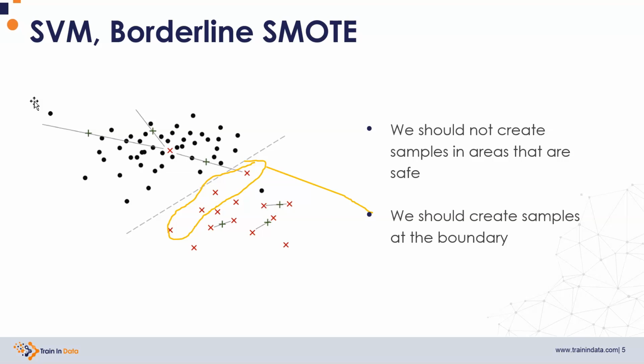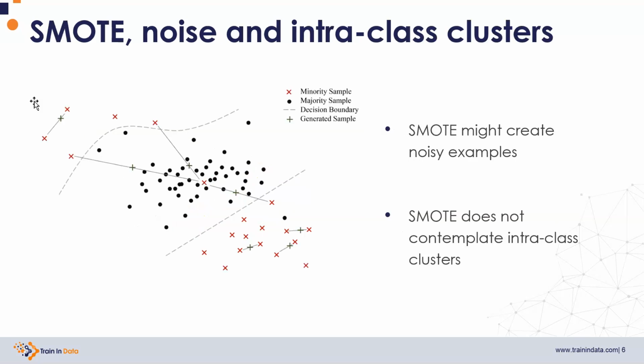Now there are other issues of SMOTE itself, and there are those that suggest that SMOTE could generate noise by selecting at random observations that are, for example, surrounded by majority classes.